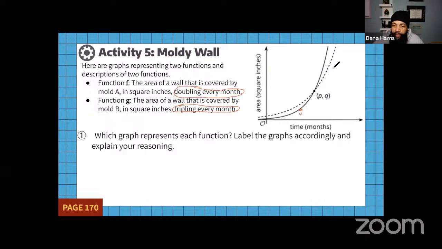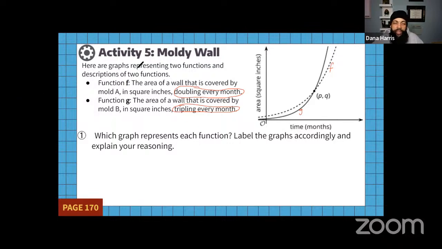And then f would have to be here, the dashed line, because we don't know what their initial value is, but we do know that as they grow, the one that triples is going to grow faster. So the solid line would be g of x and the dashed line would be f of x, okay? So that's that.